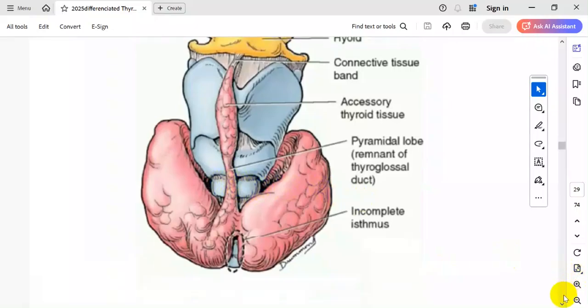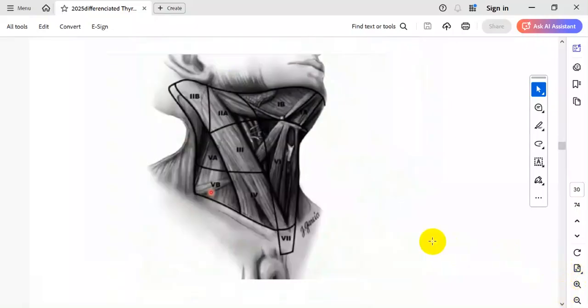Also, here let's see some words about the central zone.